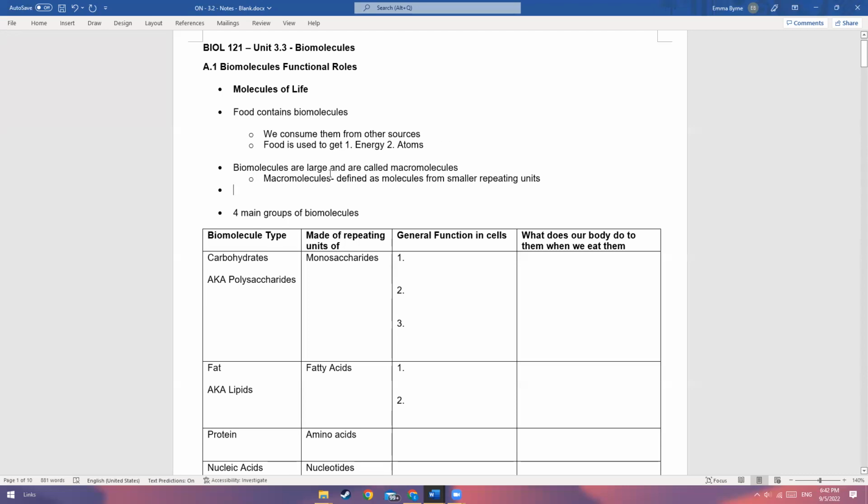Thinking of a really popular Lego structure to build, maybe it's the Hogwarts castle from Harry Potter. In that case, in an analogy sense, the macromolecule would be the Hogwarts castle. The smaller repeating units would be each Lego that you are using to build that larger object.